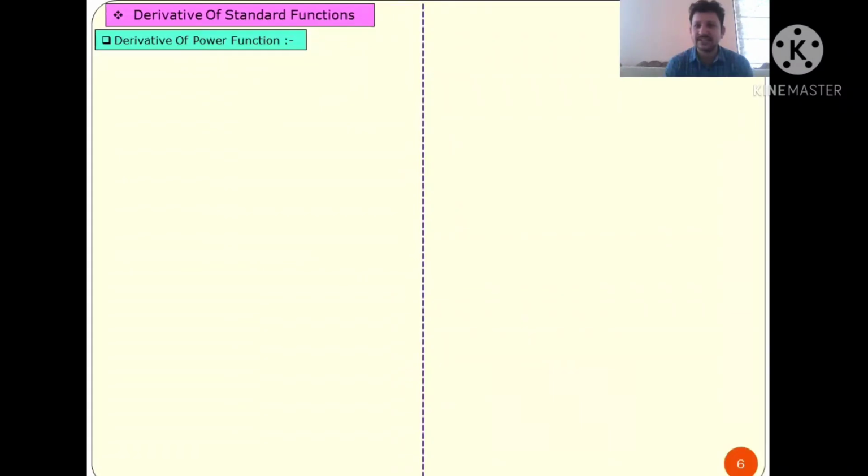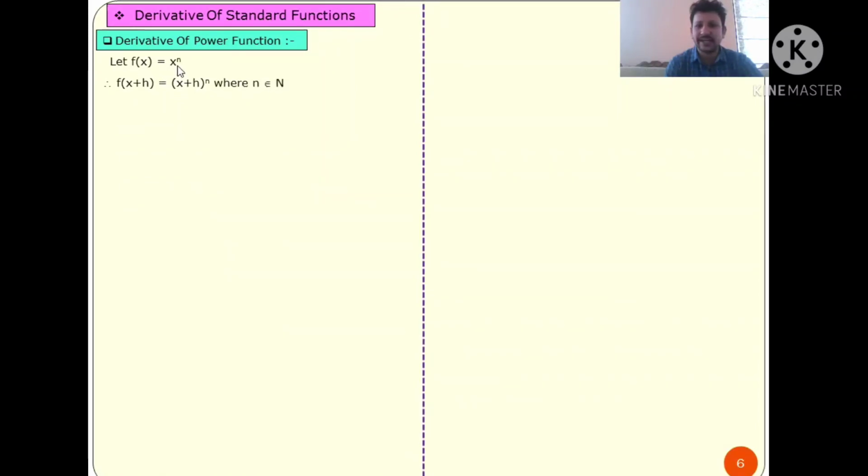Derivative of standard functions: in that, the first one is a power function. Function f of x is expressed as x raised to n, where n is the degree. Then the neighborhood value f of x plus h, where x is replaced by x plus h, on the right hand side changes to x plus h bracket raised to power n.